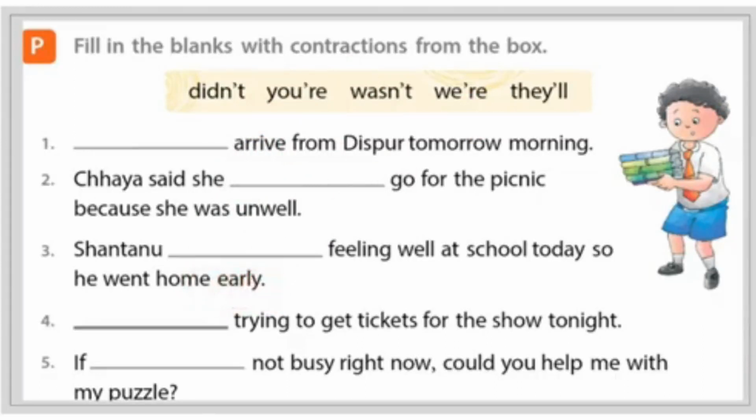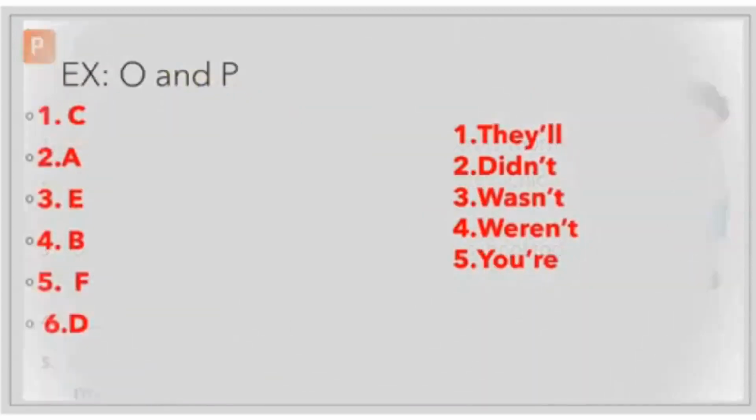We were? No. So the answer is wasn't. Shandanu wasn't feeling well at school today. Now 4 and 5 you can do yourself. Let's see the answers. Please check your answers for the exercises O and P. These are the answers.